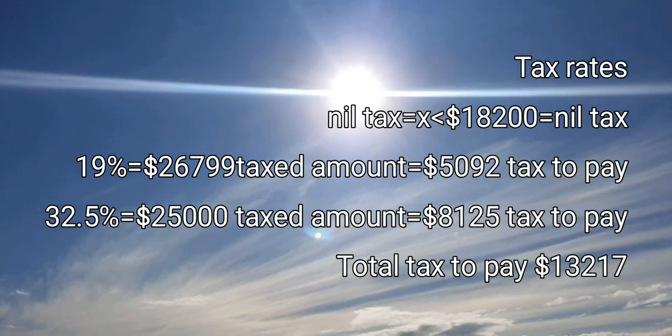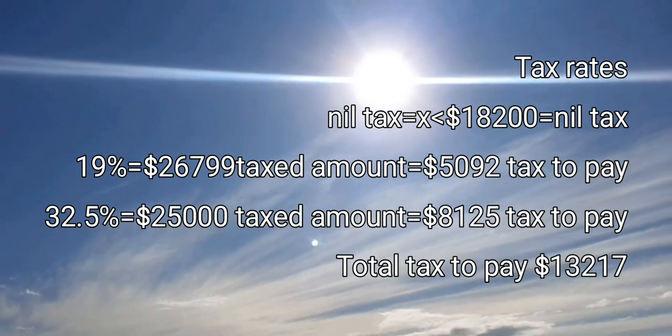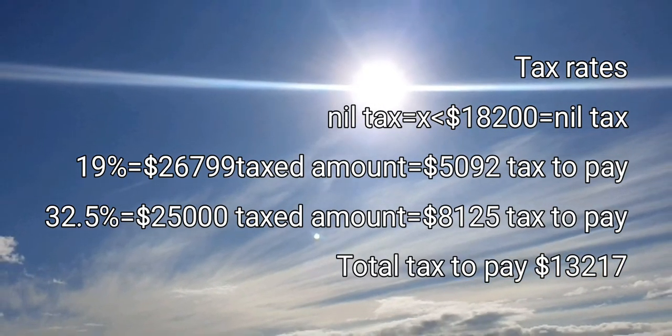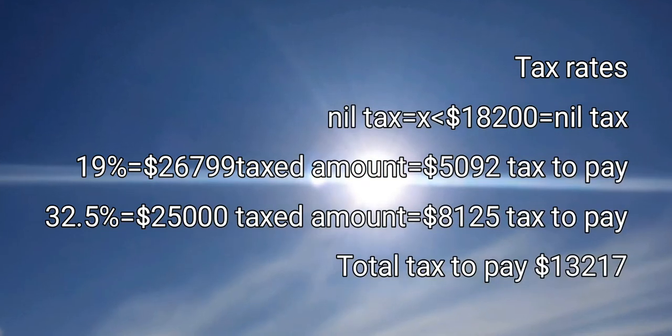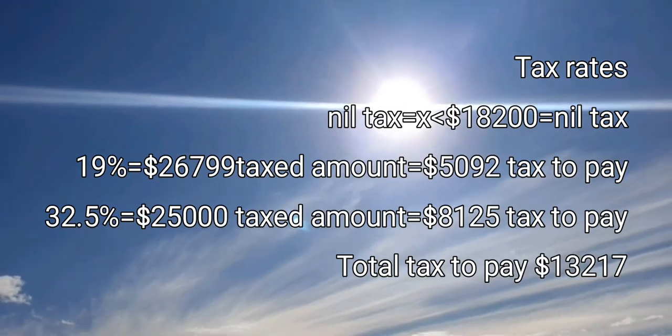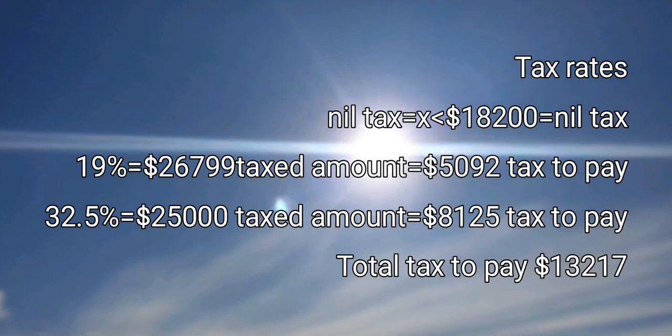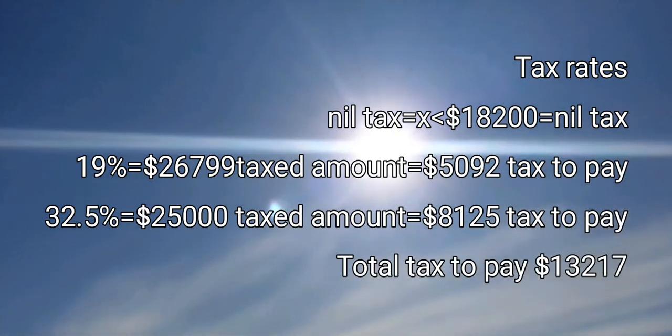So the total amount that you have to pay in tax is $13,217. So again, your total earnings amount to 70,000, and the amount of tax that you need to pay is $13,217.